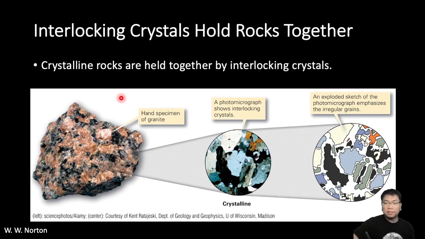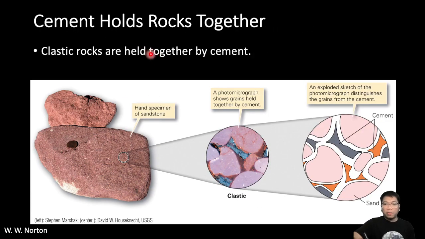and metamorphic rocks. However, in sedimentary rocks the system is a bit different, because they most commonly consist of reworked fragments of rocks, such as sand grains. Here in clastic rocks, they're held together by cement. If we zoom in on these rocks under a microscope, we would get something like this.